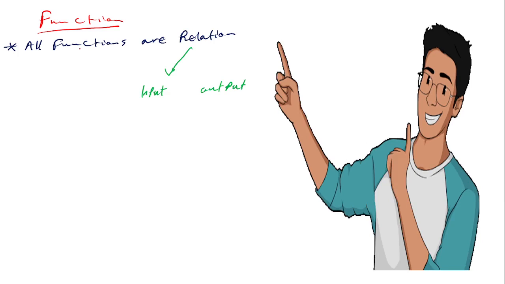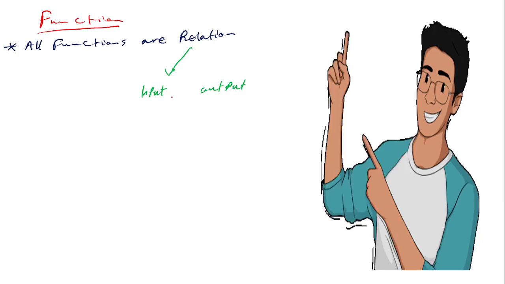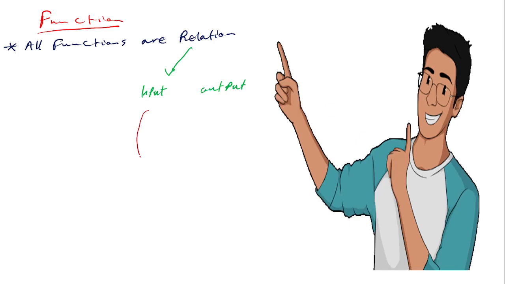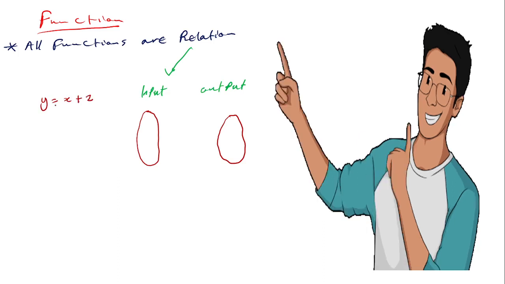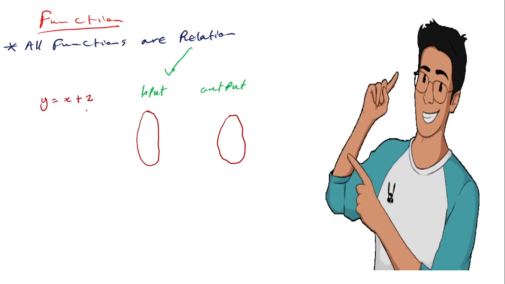Like I've already stated, a relation has the input and the output. So let's say this is our input and we have our output there, and let's say I put an equation, y is equal to x plus 2. This is a relation, the equation which is defining the relation.